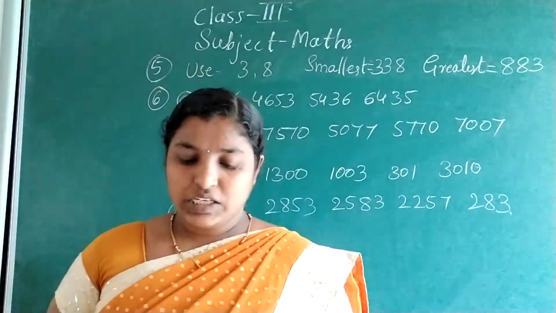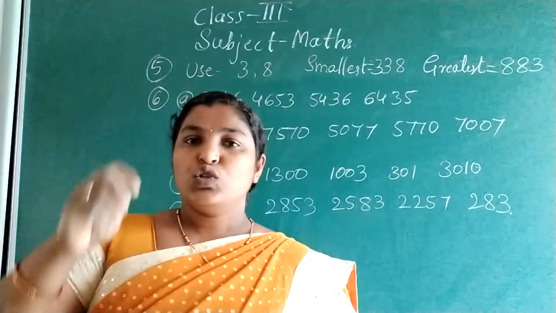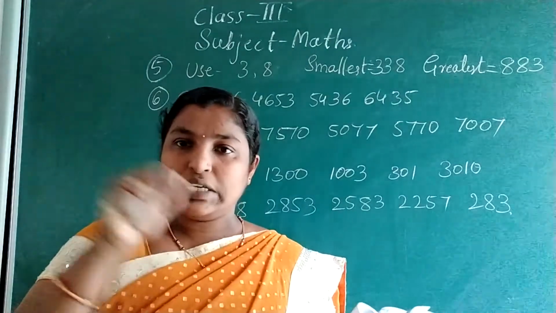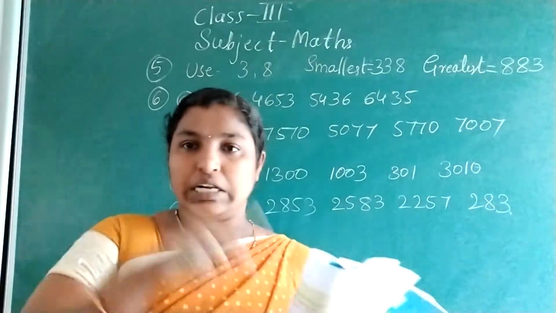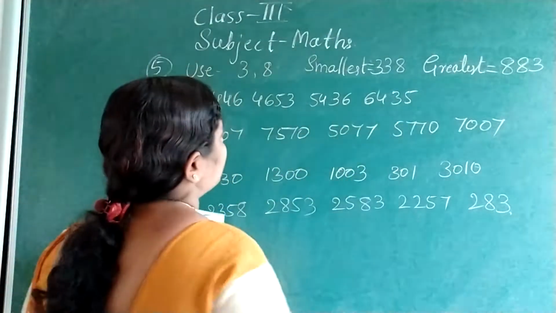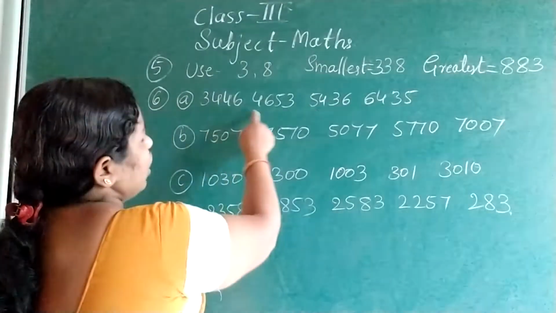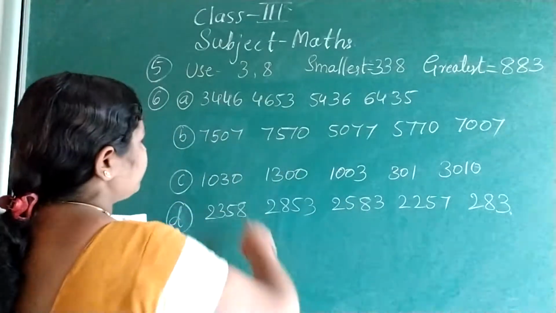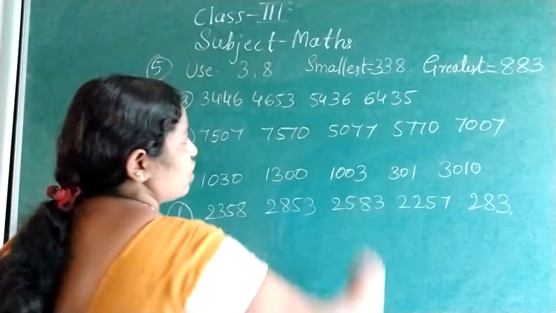Tick the greatest number and encircle the smallest number. So the greatest number we should tick and the smallest number we should circle. So A, observe all the numbers. Greatest number you should identify. All are 4-digit numbers. 3,000, 4,000, 5,000, 6,000.